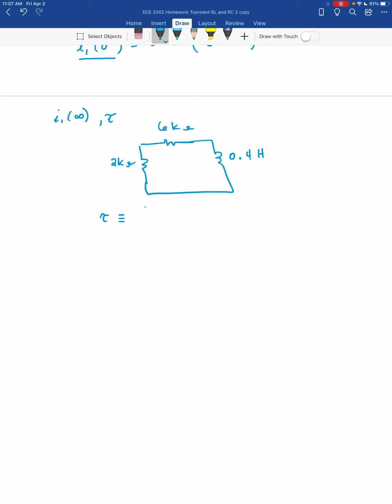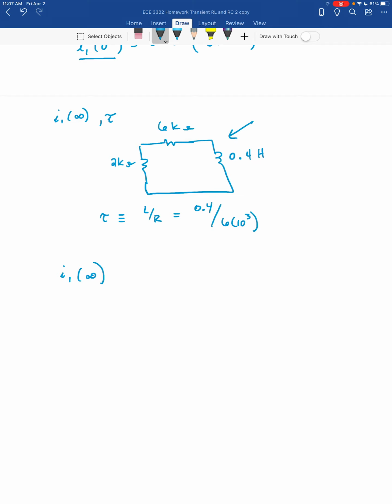So remember that tau by definition is L over R. So that is 0.4 over 6 times 10 to the third. And once again, I will let you find that actual number. And the final thing that we have to solve for is I1 at infinity.